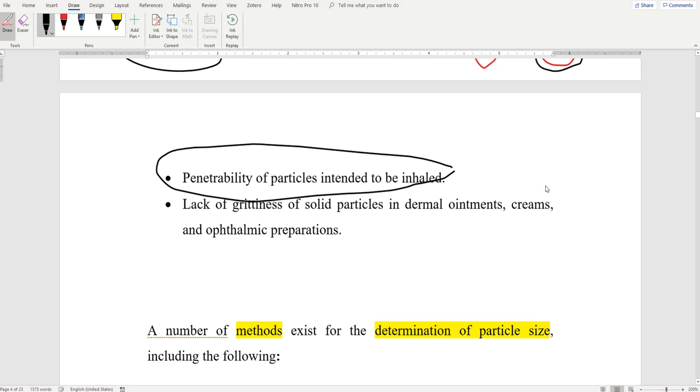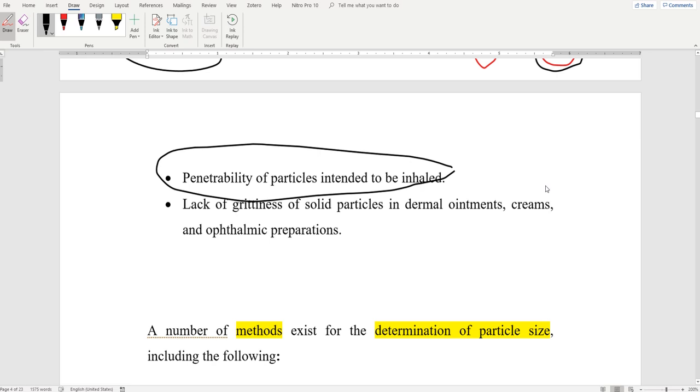Okay, anyway, the particles that are to be inhaled need to be of specific size in order to reach the alveolar region of the lungs. In order for the drug to reach deep in the lungs, they need to be very small. Now, very small, of course, there are many studies.